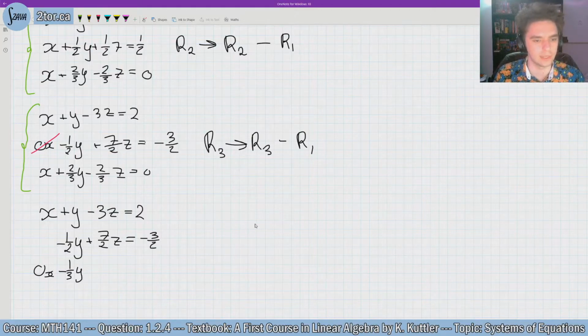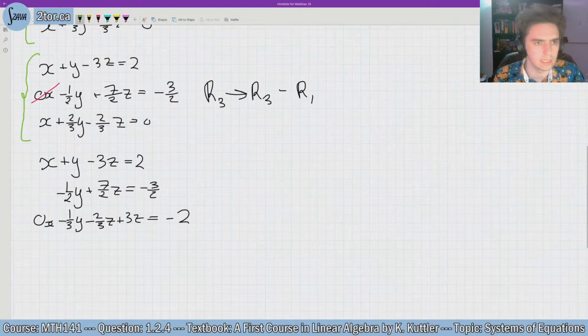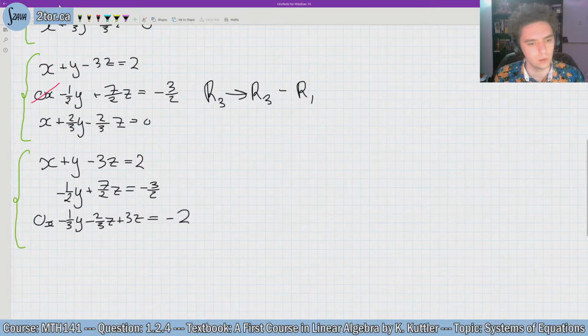And I'll just write that as negative 2/3 z plus 3z equals 0 minus 2 is just minus 2. And now let's figure out, well, what's this negative 2/3 plus 3? Well, 3 is the same thing as 9/3, so it's going to be 7/3 z.